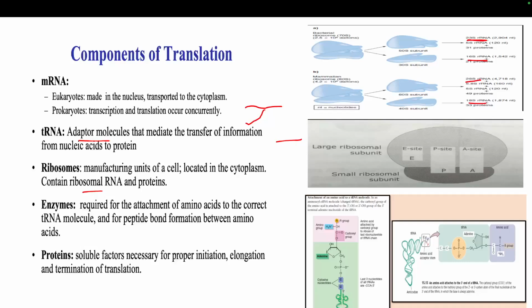There is also a CCA group at the 3' position of the tRNA, which helps to bind the amino acid. Here you can see the amino acid bound to this CCA part of the tRNA. The amino acid is attached by its carboxyl group to the ribose of the last ribonucleotide of the tRNA chain.